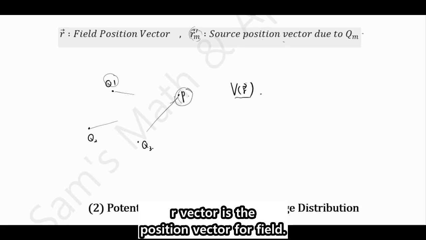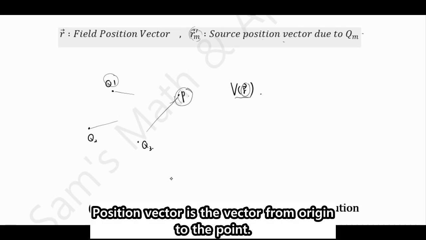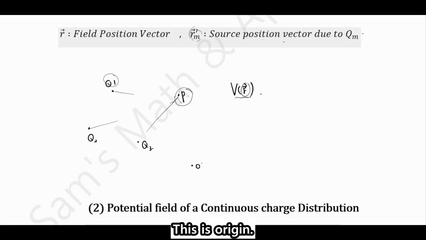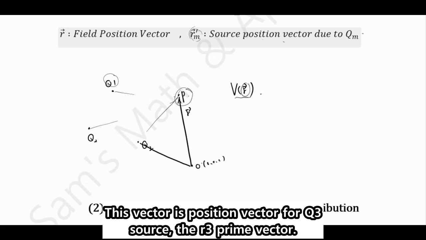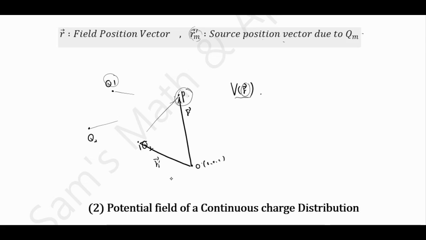In this case, the r vector is the position vector for the field point. A position vector is the vector from the origin to the point. This is the origin, and this vector is the r vector. This vector is the position vector for the Q3 source, the R3 prime vector.